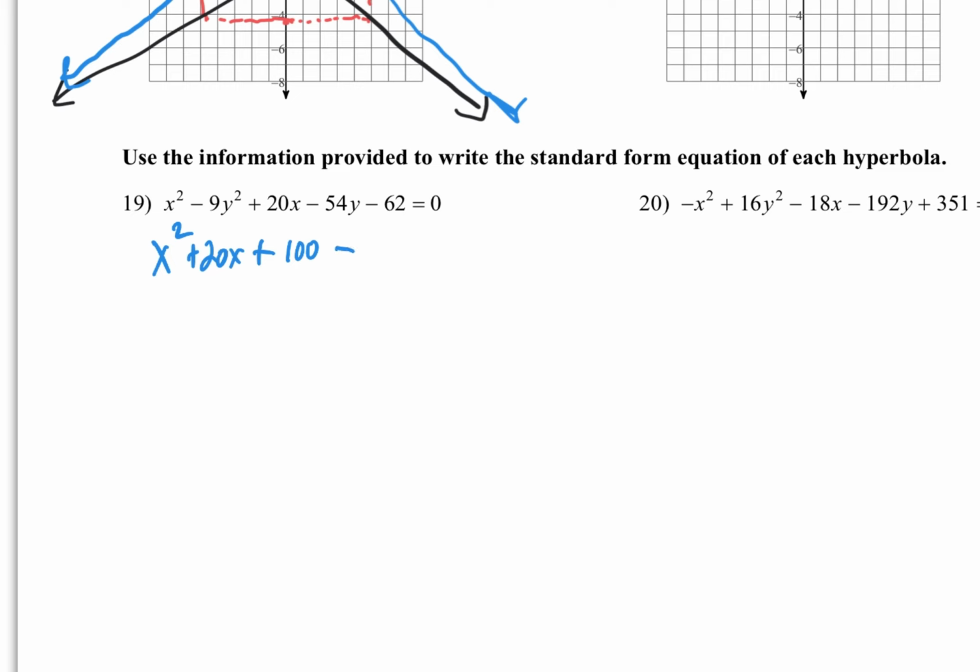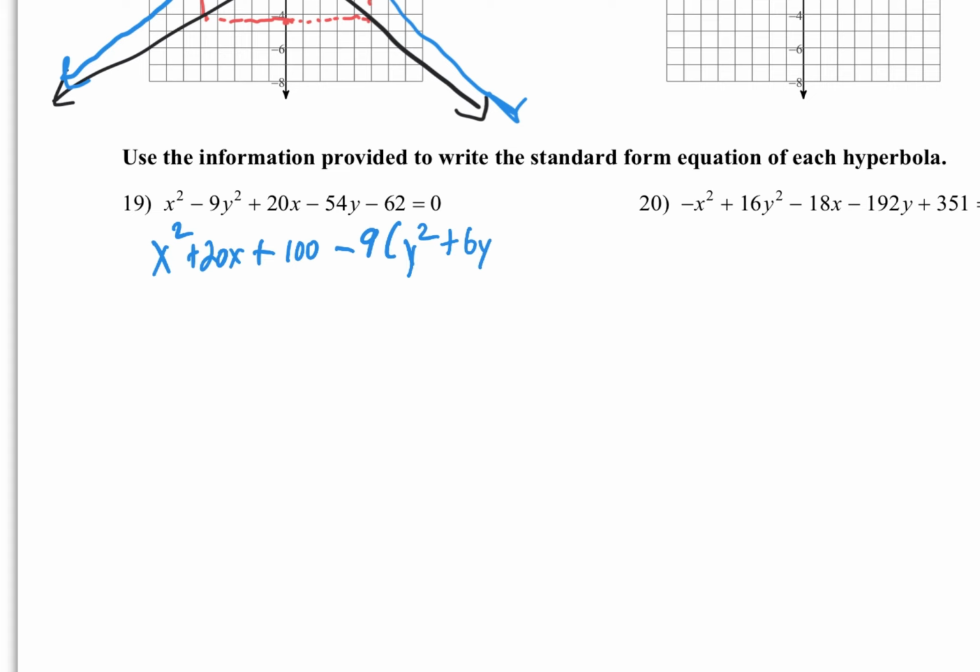This is now where we get in trouble a little bit. We have to take out a negative 9. If I take negative 9 out of negative y squared, that leaves me with y squared. If I take a negative 9 out of negative 54, that gives me plus 6y.